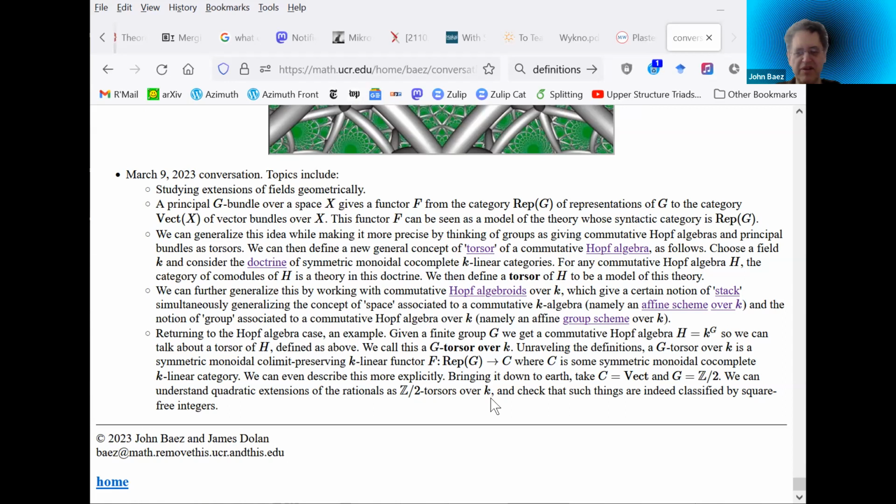I just wrote k, but I meant k equals the rationals. And then checking that that's really a valid understanding, and checking that such things are indeed classified by square-free integers, which is part of what we did more carefully than almost any of the rest of this. Okay, that's all I wanted to say.